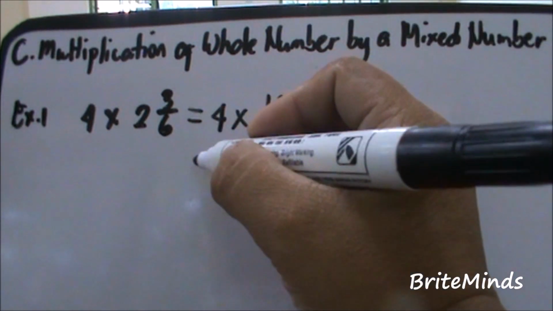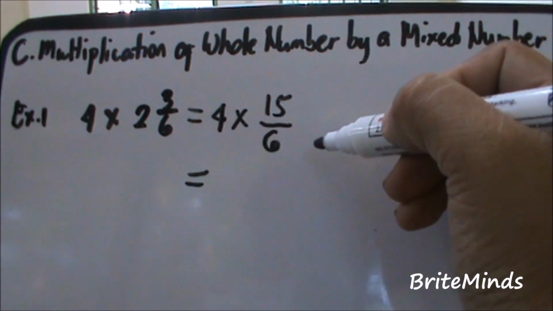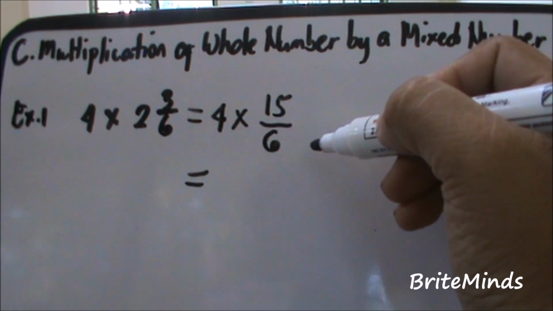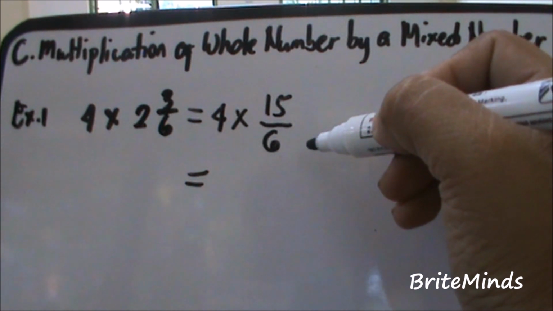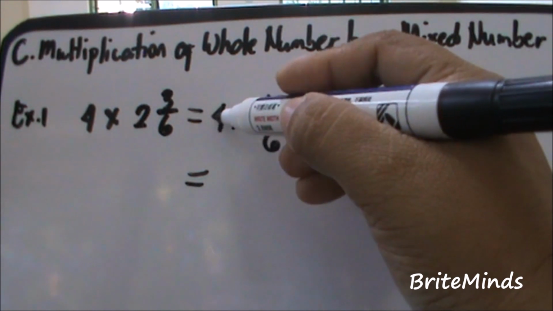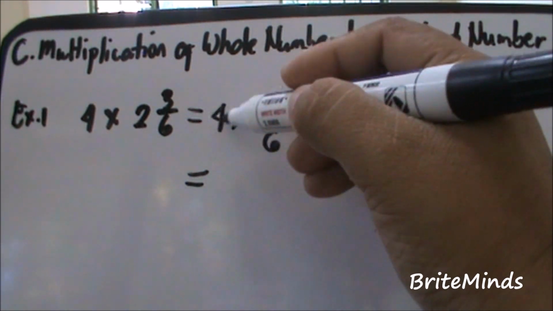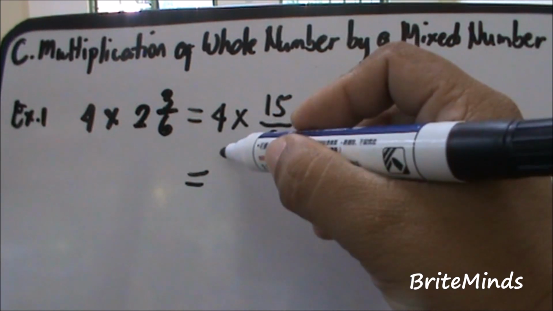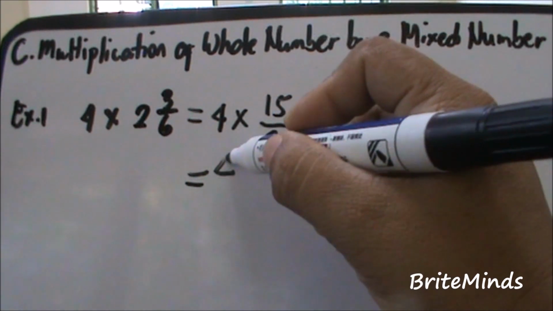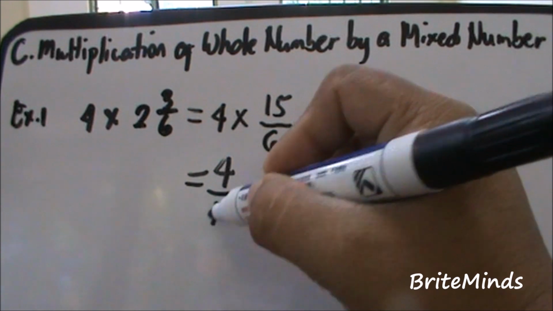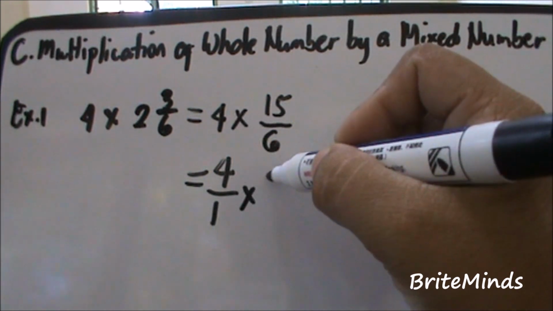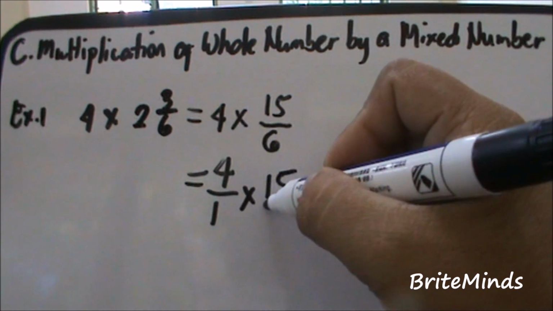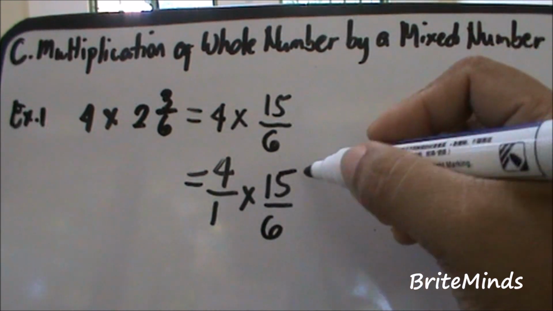But we cannot proceed into multiplication yet, and we need to express this whole number as a fraction with a denominator of 1. So 4 over 1 times 15 over 6.